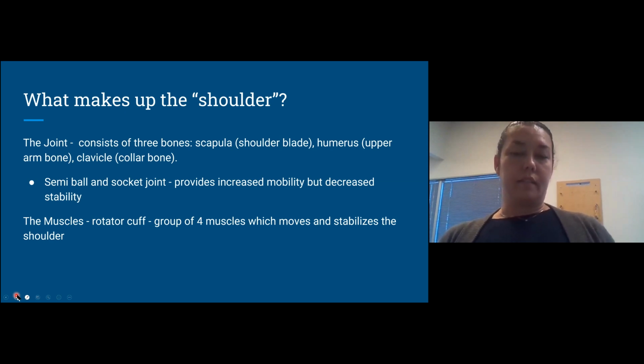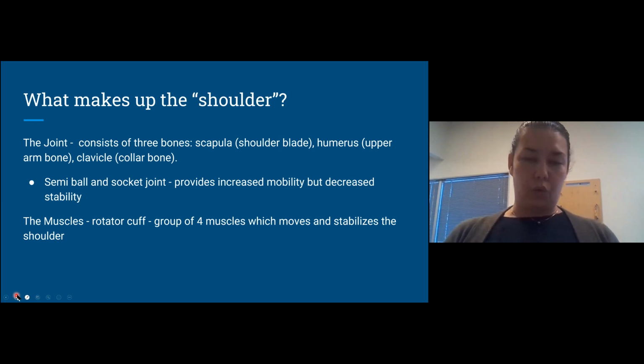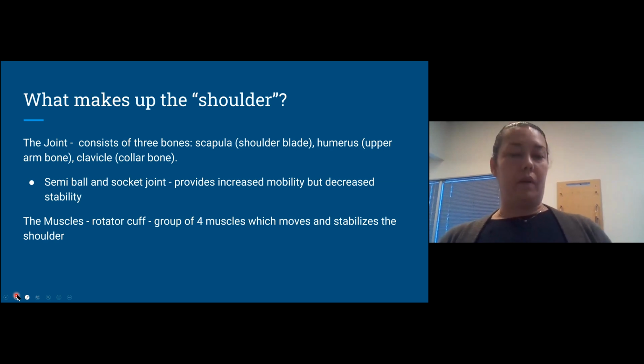The joint is considered a semi-ball and socket joint, which is what gives the shoulder its vast mobility, but it does not provide much stability. In fact, the shoulder is the most mobile joint in the body.